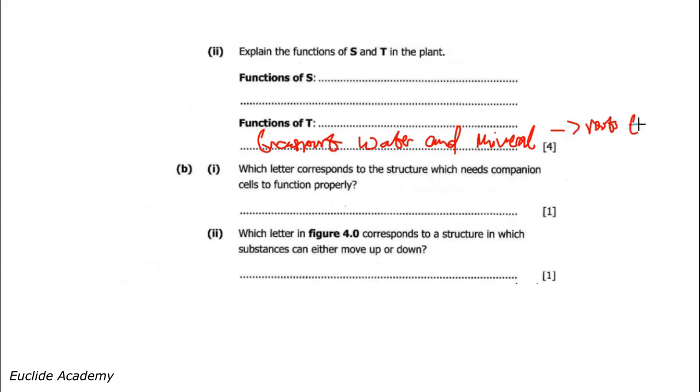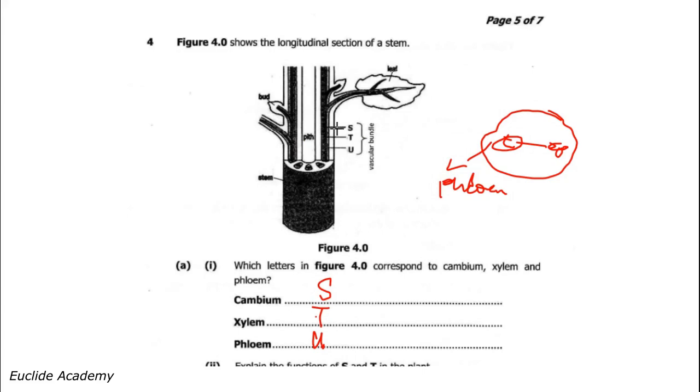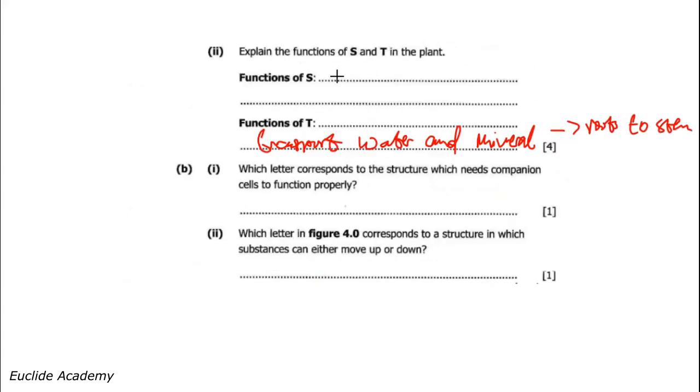The function of T, which is the xylem, is to transport water and mineral salts from the roots to the stems. That is the function of T. And then we have S, which is the cambium.